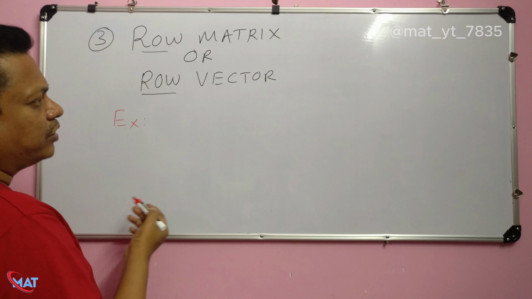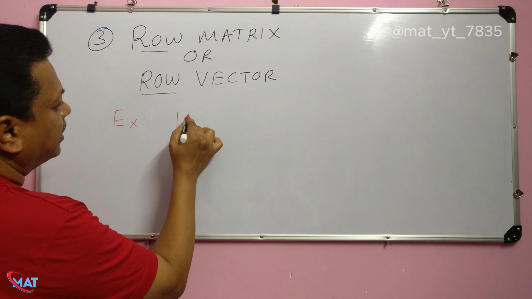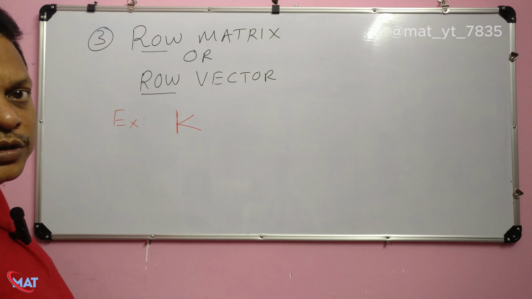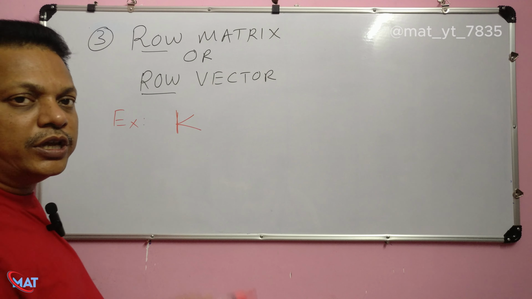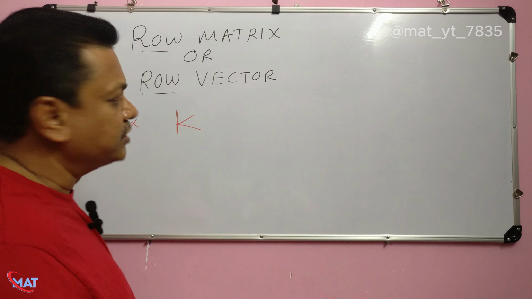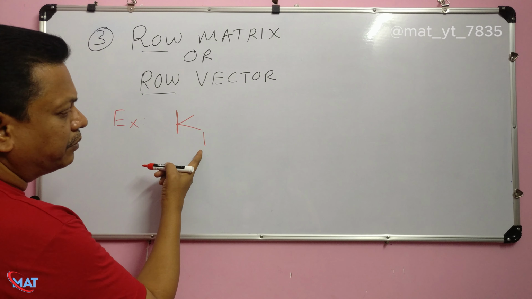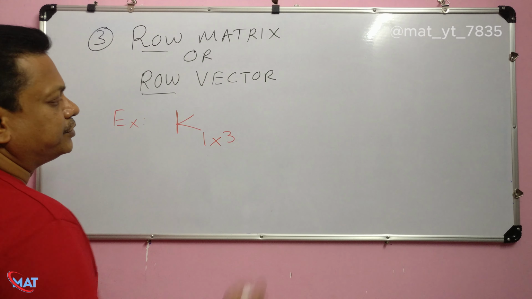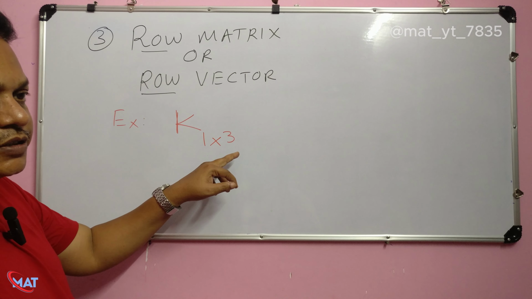Here, it is your choice; you can use any letter. For idea's sake, I write capital K. As I told you, to name a matrix we use only uppercase letters. Here, write 1 row, and if I take 3 columns, the size is 1 by 3.